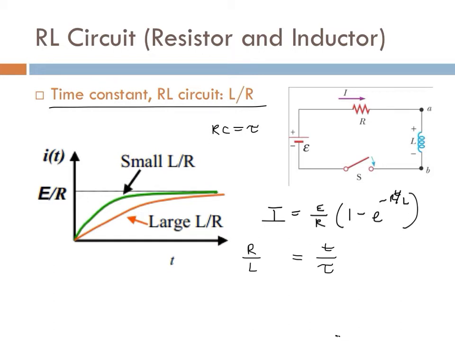So that means tau has to be equal to L over R in order for us to get the same result. Just like before, it was negative t over tau. Tau has to be L over R in order for us to get the same result as we see here.